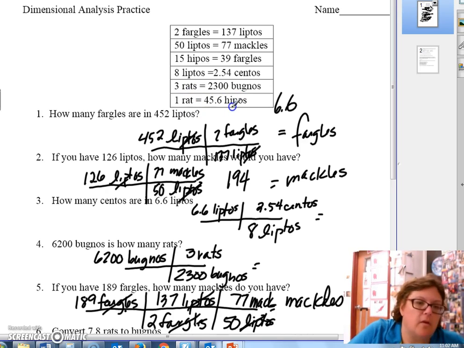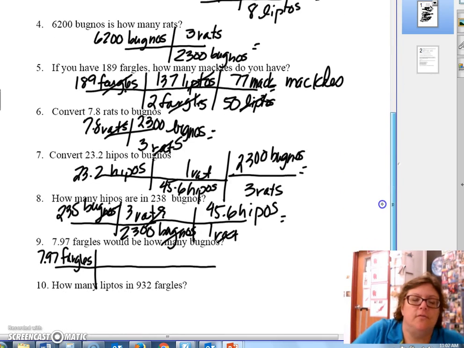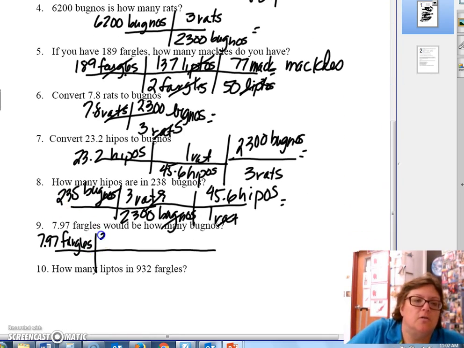So, can we go Fargals to Hippos? Why, yes, we can. So the first thing we're going to do is 39 Fargals for every 15 Hippos.